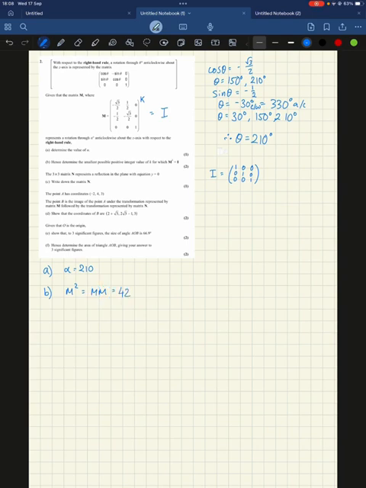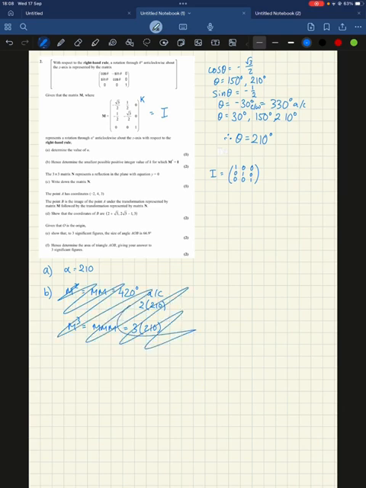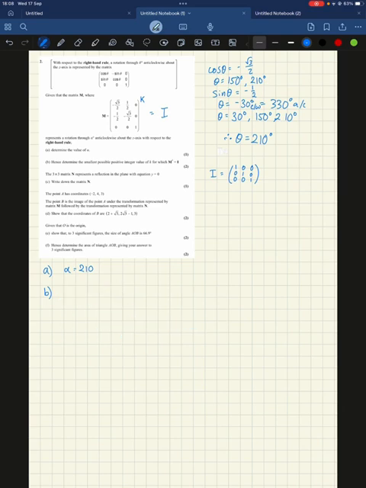So that would be 420 degrees anti-clockwise about the z-axis. And 420 is 2 times 210. If we had m to the power of 3, well, that's just going to be applying the transformation 3 times. So that's 3 times 210. So m to the power of k is just going to be k times 210.